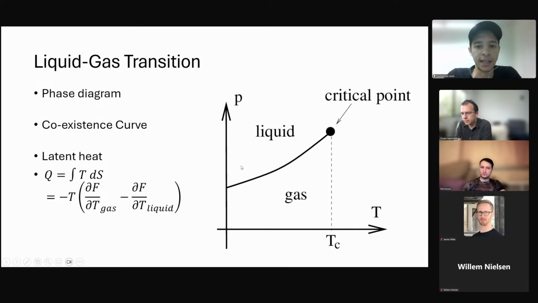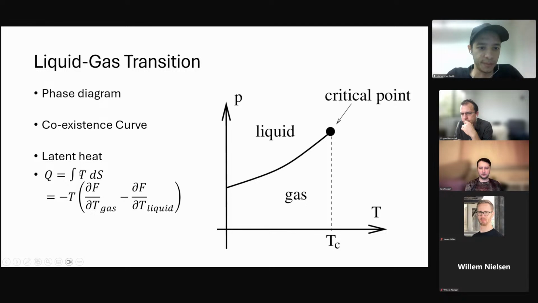For a given pressure, as you're changing the temperature and walking across, when you transition from liquid to gas, the system needs to absorb some heat. This heat is given by the integral of T dS, where S is the entropy.